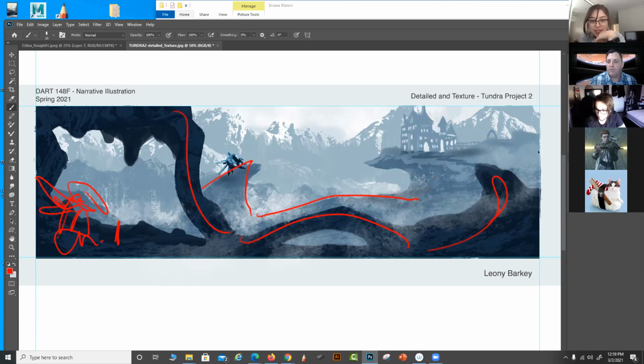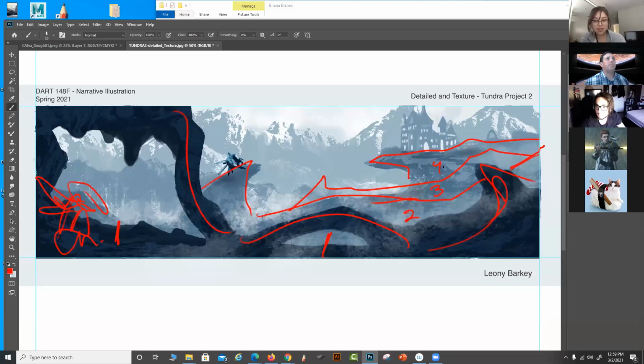So if you just find a way to create a little bit more depth in here, heck, even put another layer in like this, then come in and put the castle layer in the back, you'll have 1, 2, 3, 4 layers of transition, which will really push the depth and feel inside the piece. Okay, all right, thank you, Leonie.